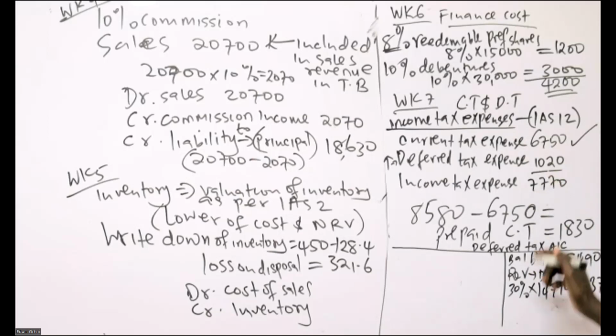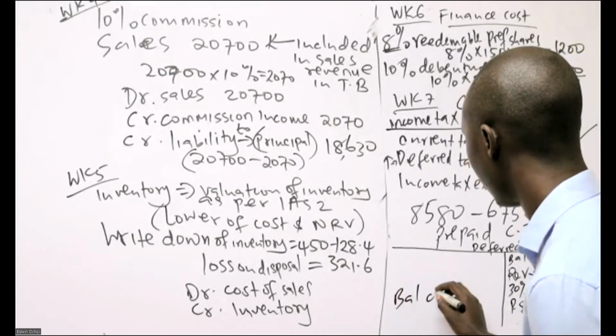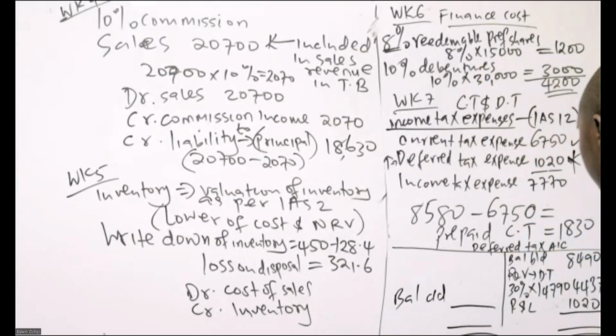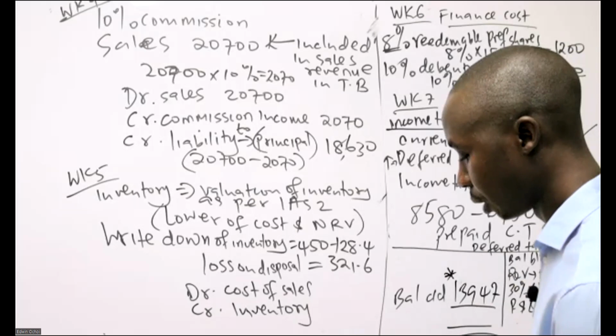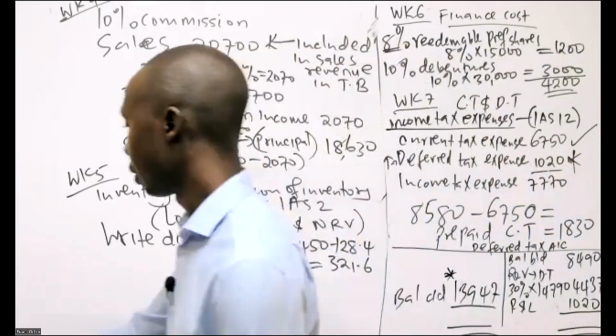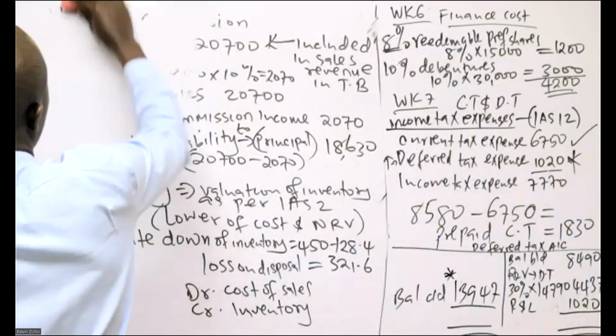Then there was this one from P&L, the increase of 1020. So the balance carried down of our deferred tax will be 8490 plus 4437 plus 1020, which is 13,947. This is what I will be recording in the statement of financial position for the deferred tax.